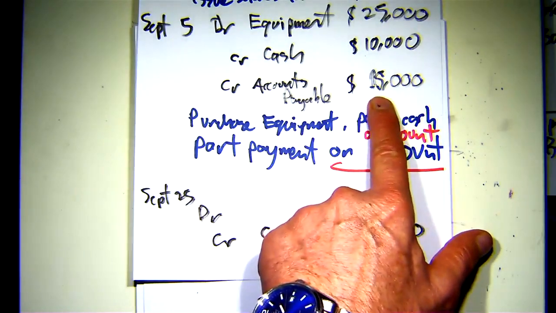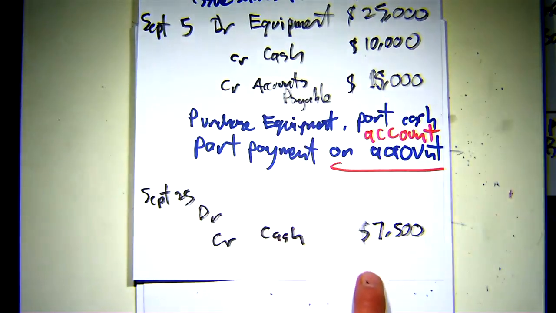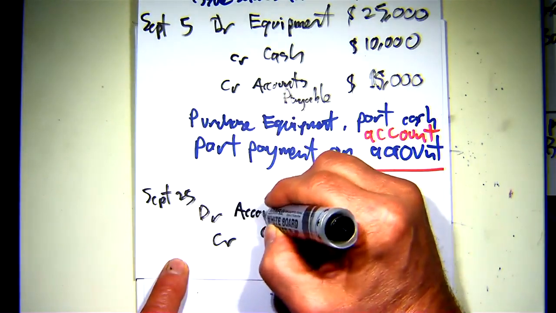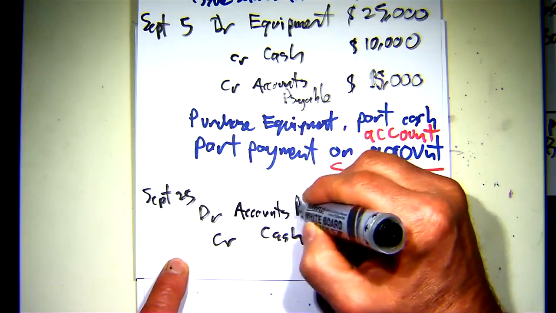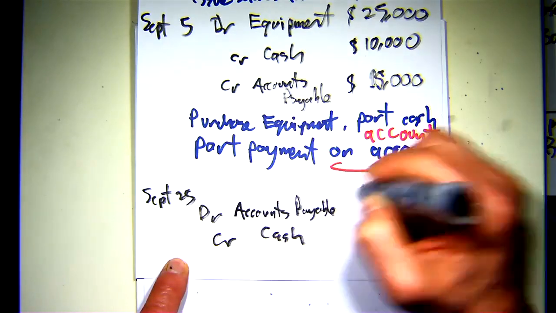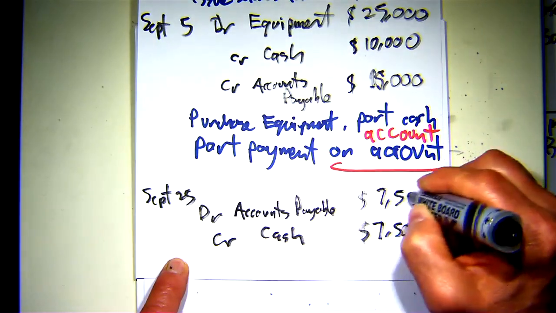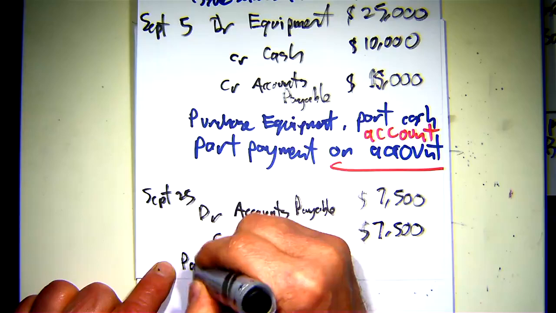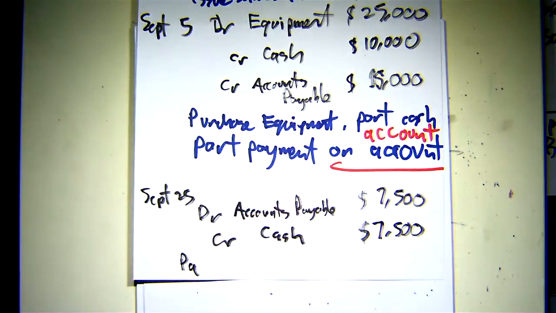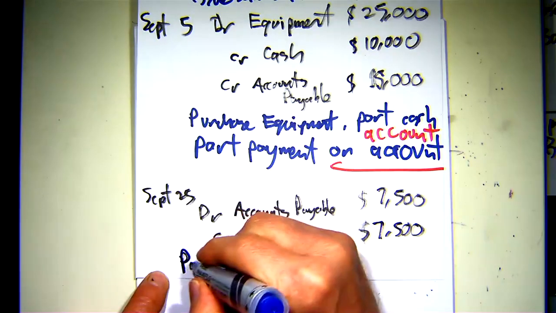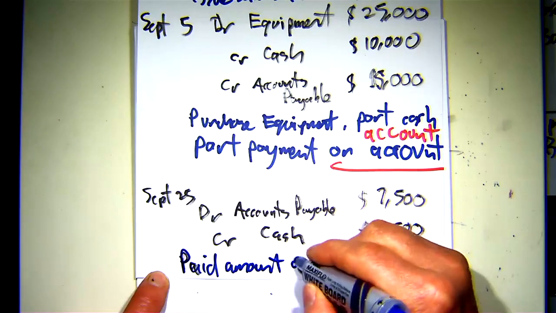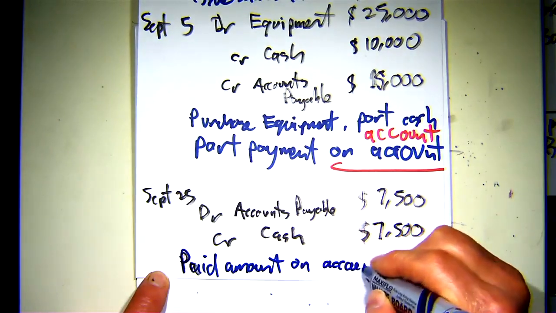So we've reduced our accounts payable liability by $7,500. So we'll debit the accounts payable. So here on September the 25th, we've paid an amount on account.